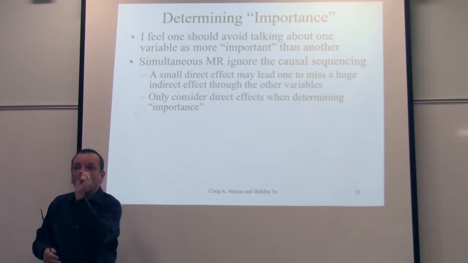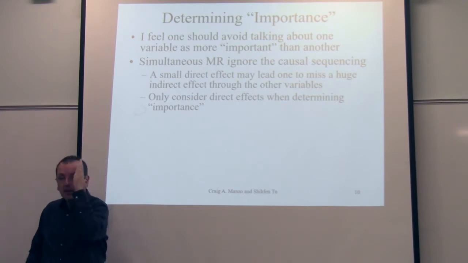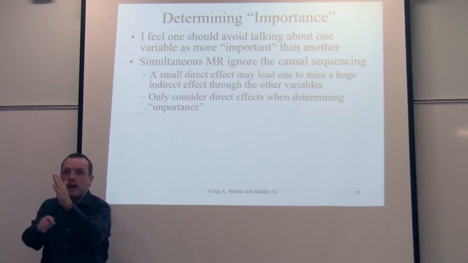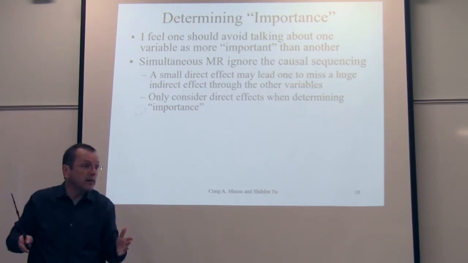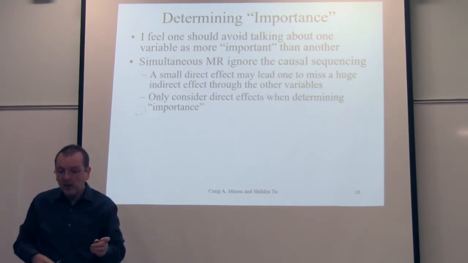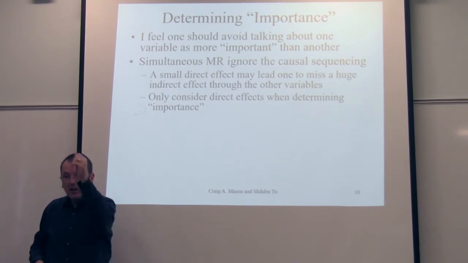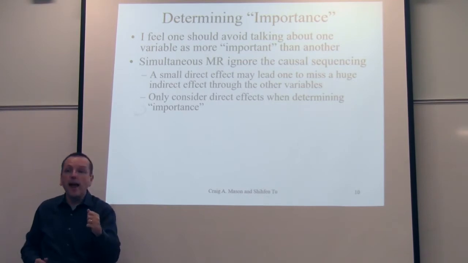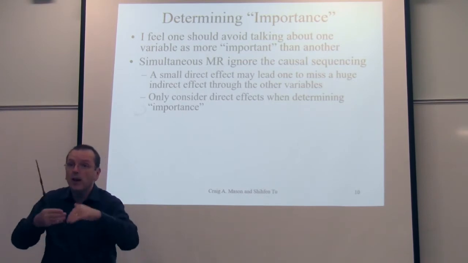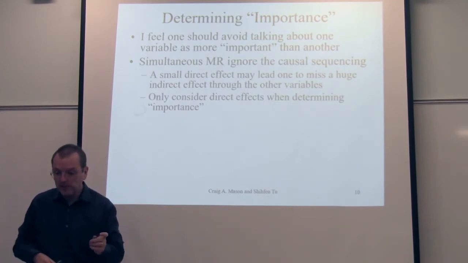It only focuses on that unique, direct effect that the variable has, and completely doesn't pay any attention to the indirect effects. You can have a small direct effect, but actually a very large effect through indirect pathways.